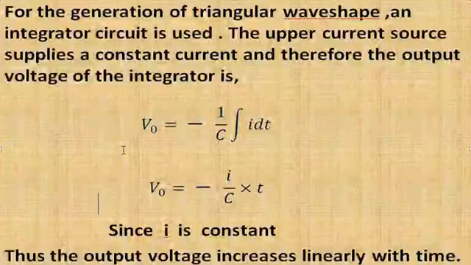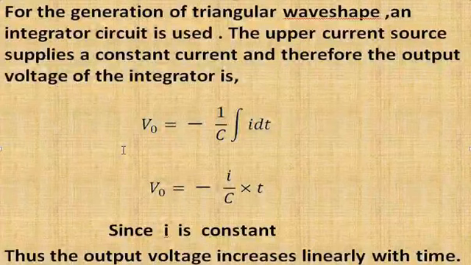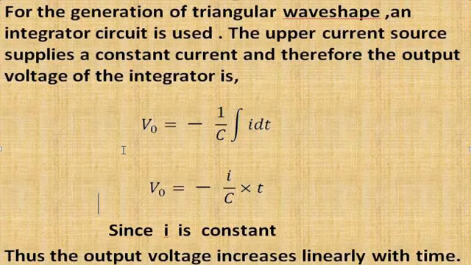So for the generation of the triangular wave shape, an integrator circuit is used. That integrator circuit is one of the applications of an operational amplifier, called the integrator. The upper current source supplies a constant current and therefore the output voltage of the integrator is given by the equation V0 = -(1/C)∫I dt.